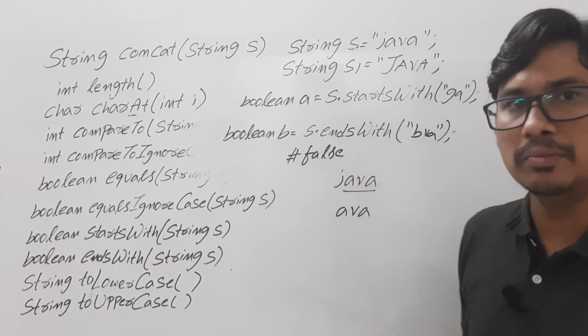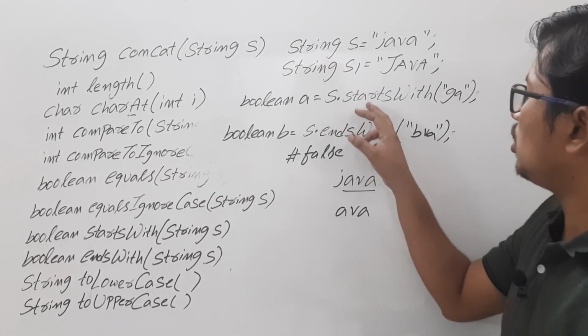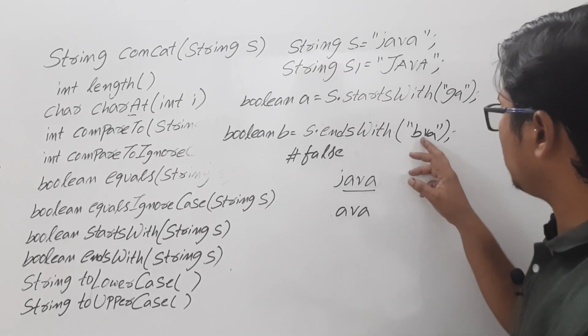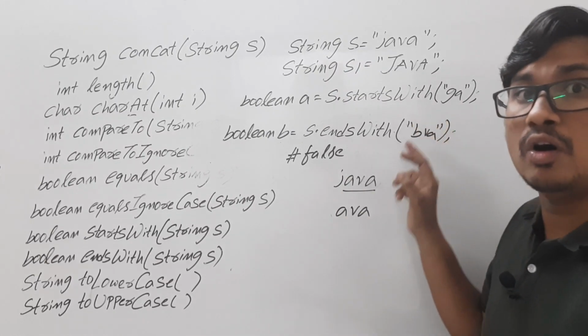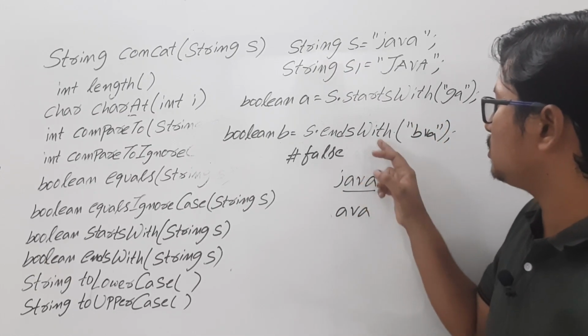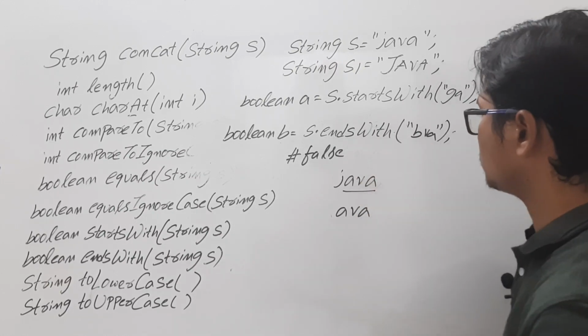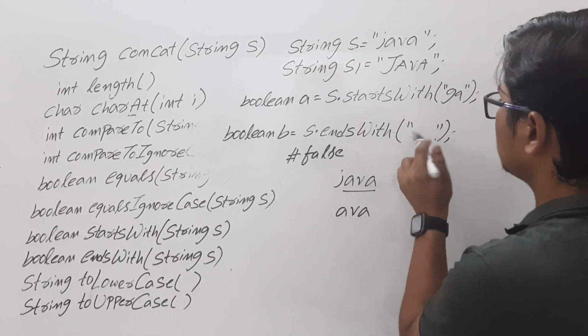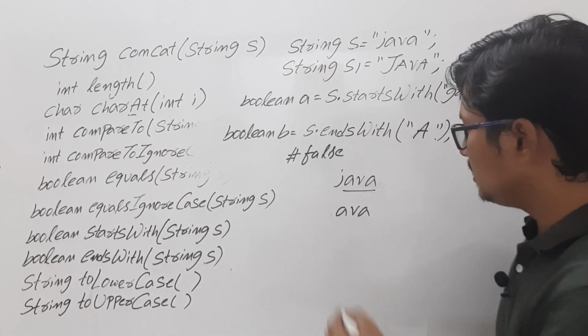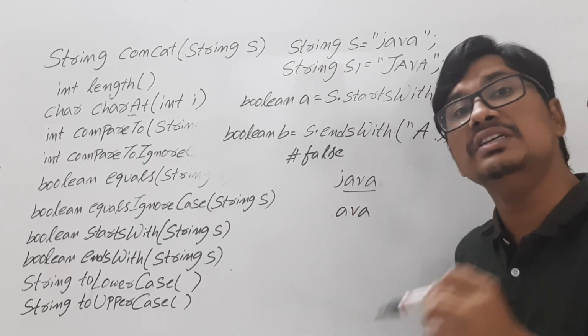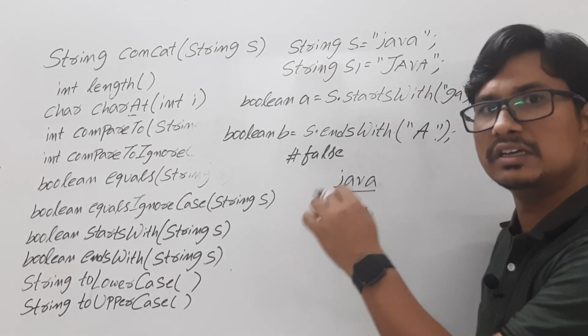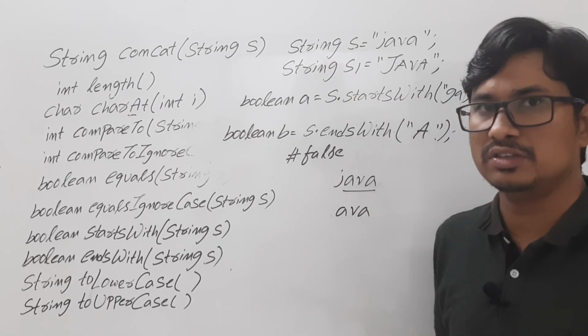I hope you are able to understand startsWith and endsWith. And remember one thing, the case also matters. If one is in lowercase and you provide uppercase, suppose let's take that endsWith capital A, is it ending with a capital A? No, it is ending with small a. So then in that case, it will produce the output as false for you.